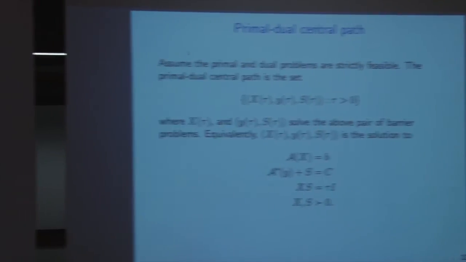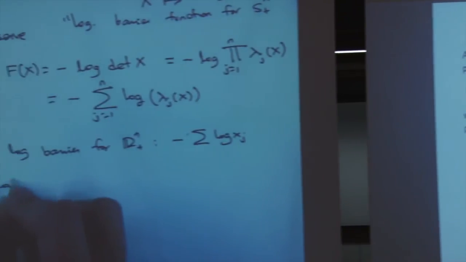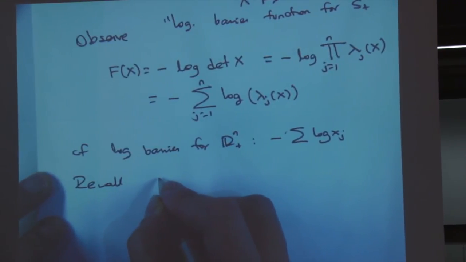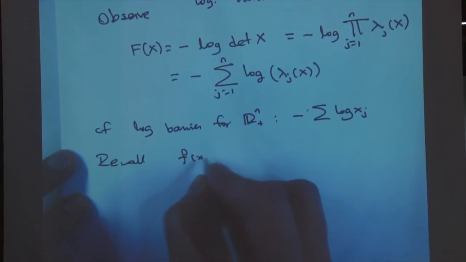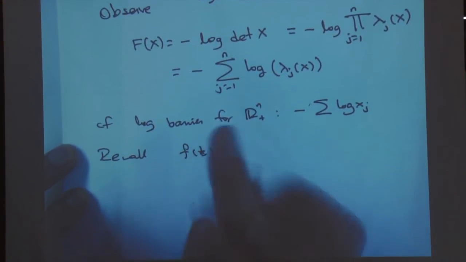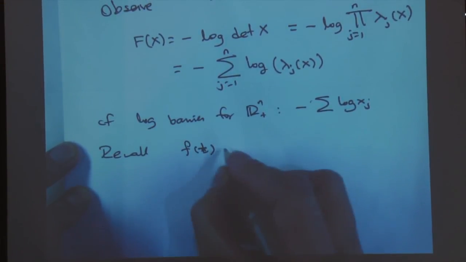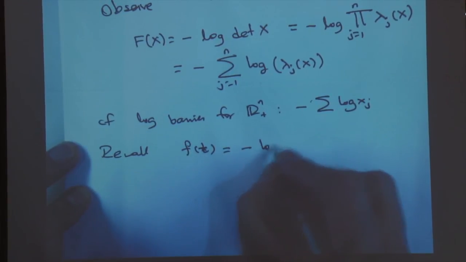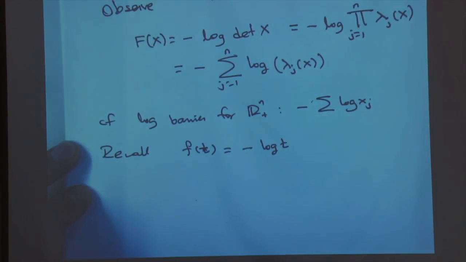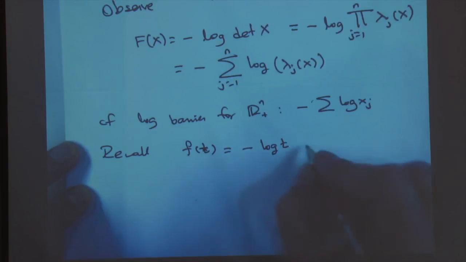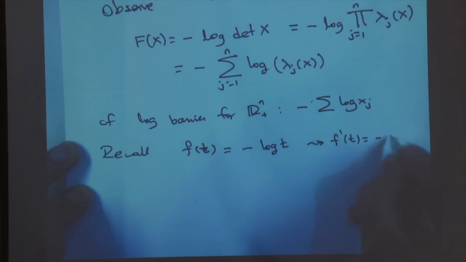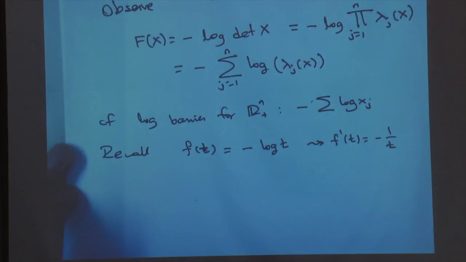So recall that if we have this function, let me call it f of t to highlight that this is a function of one variable. F of t, the function minus log of t. If we have f of t equal to minus log of t, the derivative is minus 1 over t, right?